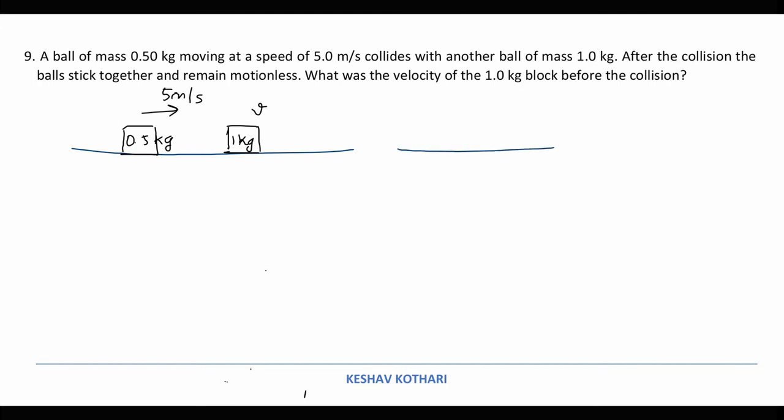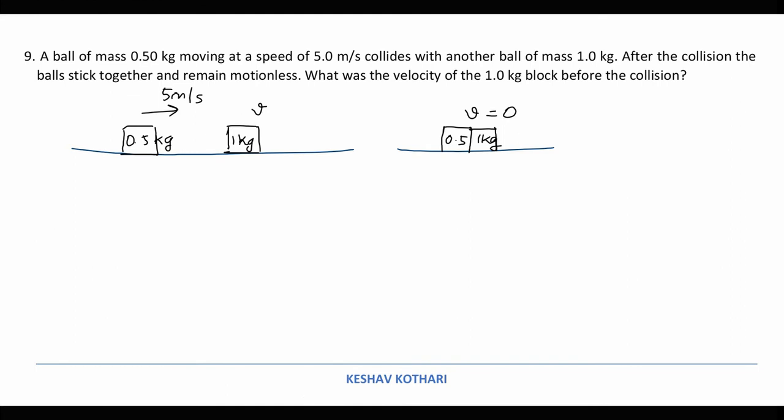Post collision the two stick together, that is the 0.5 kg mass and the 1 kg mass stick together and remain motionless, that is, the final velocity becomes 0. So we are asked to calculate the velocity of the 1 kg block before the collision.